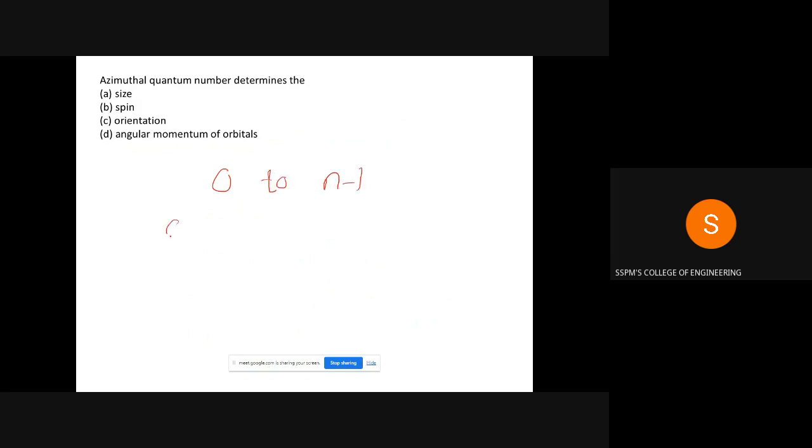The values are 0, 1, 2, 3, 4 and 5, and they are for the s orbital, p orbital, d orbital, f orbital, g orbital and h orbital. The notation for these values is: 0 for s, 1 for p, 2 for d, 3 for f, where n is the principal quantum number, designated by the size of the orbital and the energy level of electrons. So n is the principal quantum number.